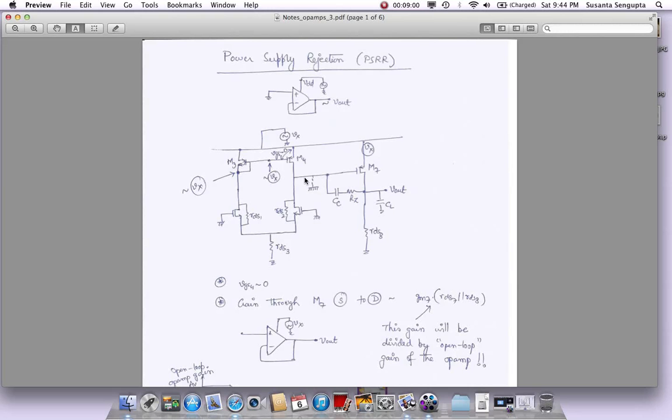And if we say that is very small compared to Vx, we can make an assumption that VGS here is going to be completely equal to Vx. We know the source here is Vx.